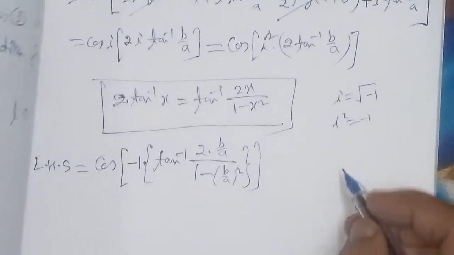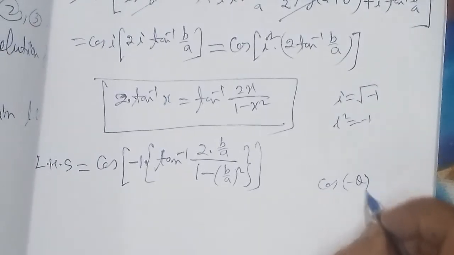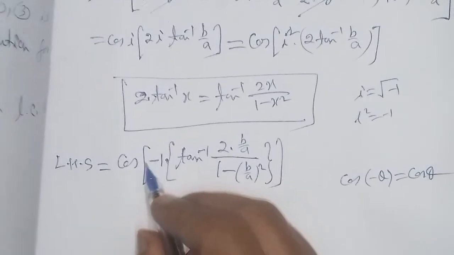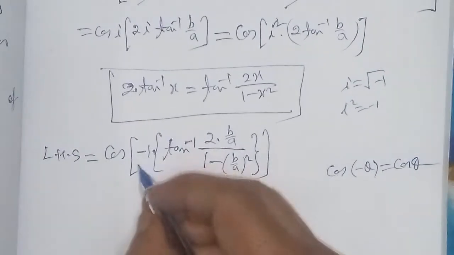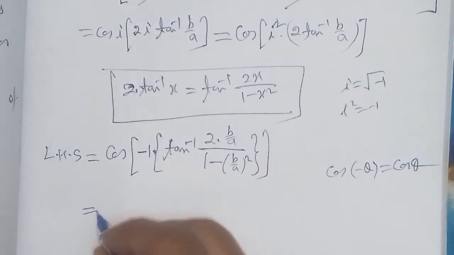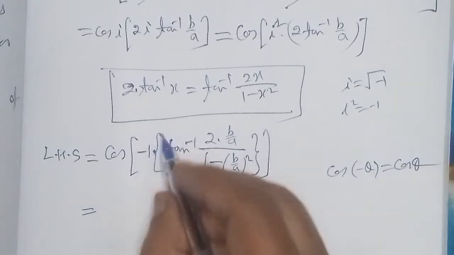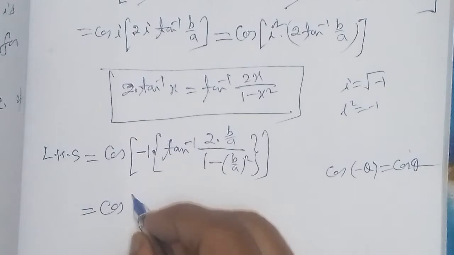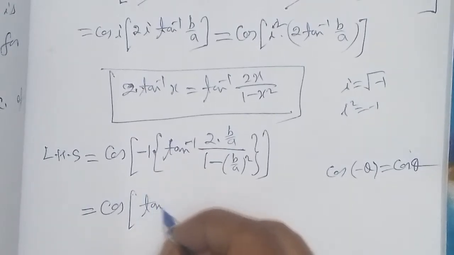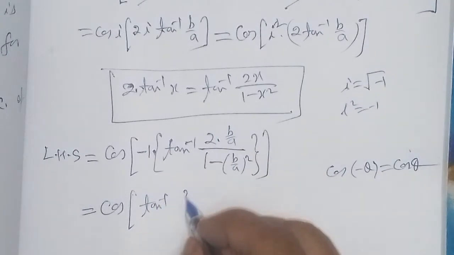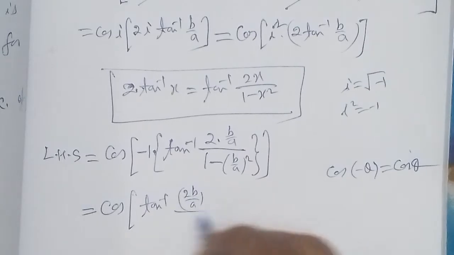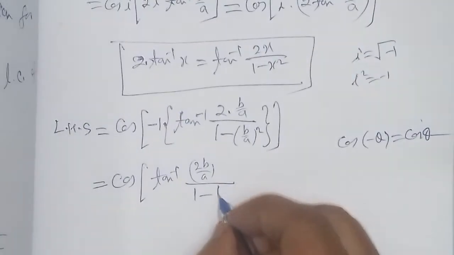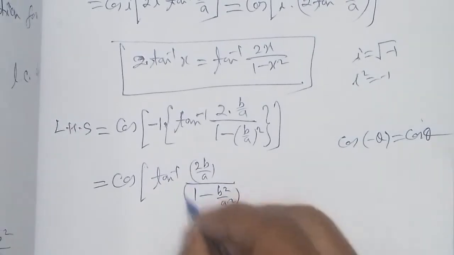We know that cos(-theta) is equal to cos theta, so we apply this formula and we get cos of tan inverse of 2ab upon a square, whole upon 1 minus b square upon a square.